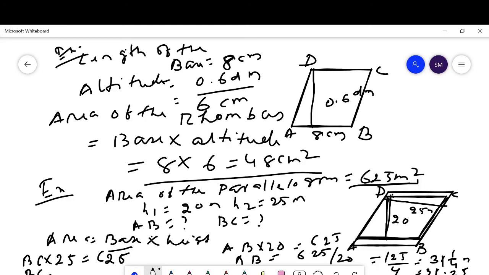Hence BC is equal to 625 upon 25, which is equal to 25 meter. Hence we get the sides of the parallelogram: AB is equal to 31.25 meter, and BC is equal to 25 meter. Okay, thank you students. Today this much.